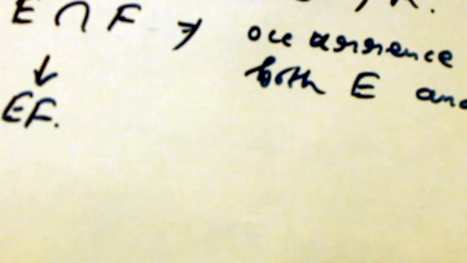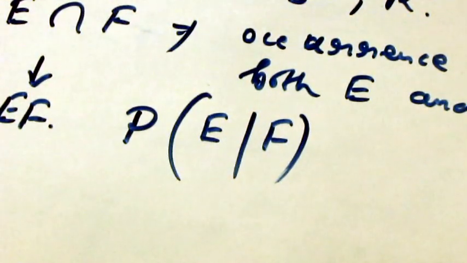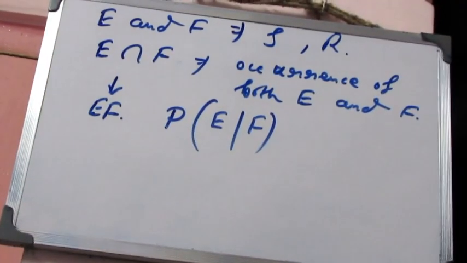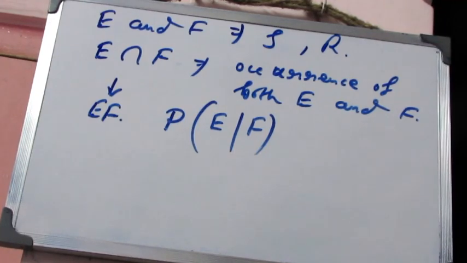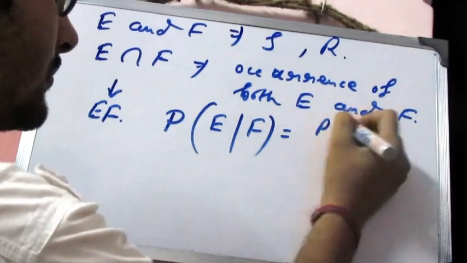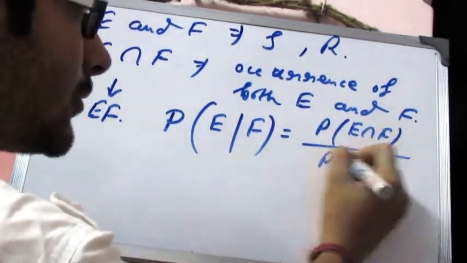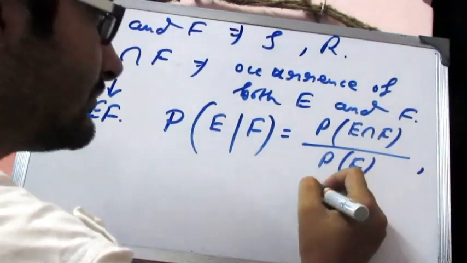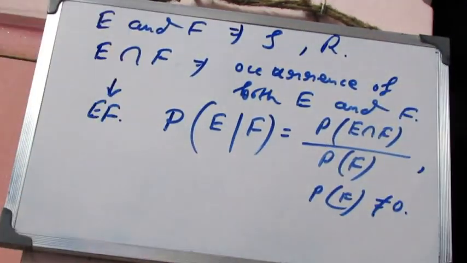So we know that the conditional probability of an event E given that F has occurred is denoted by probability of E condition that F, and defined by probability of E condition that F is equal to probability of E intersection F divided by probability of F, where P of F not equal to 0.